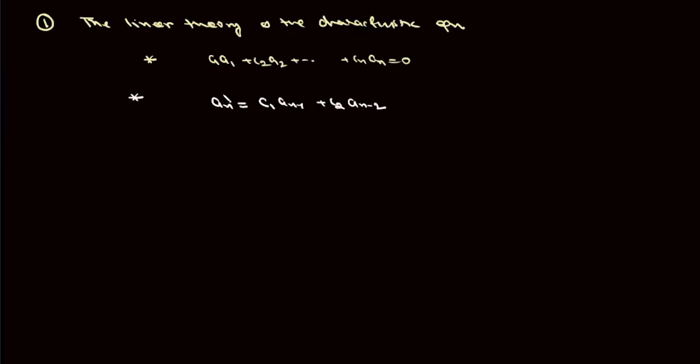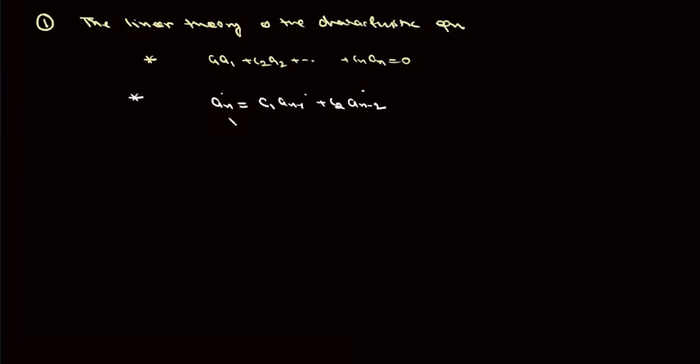Now we can see that this is homogeneous. All the powers are the same and the coefficients are constants. In this, what we do is we write a_n as r to the power n, where r is unequal to 0, to generate the characteristic equation. And why do we do that? We'll come to it in some time.